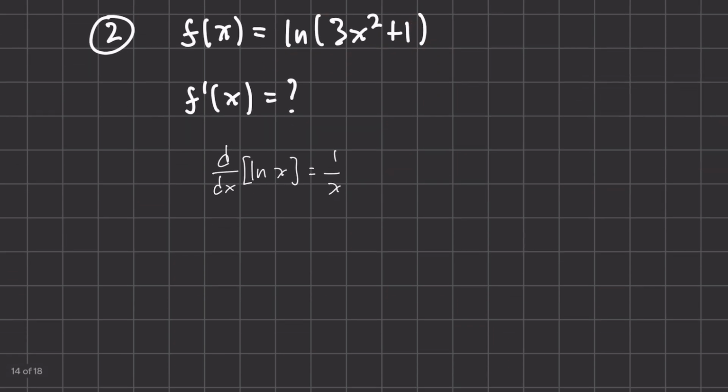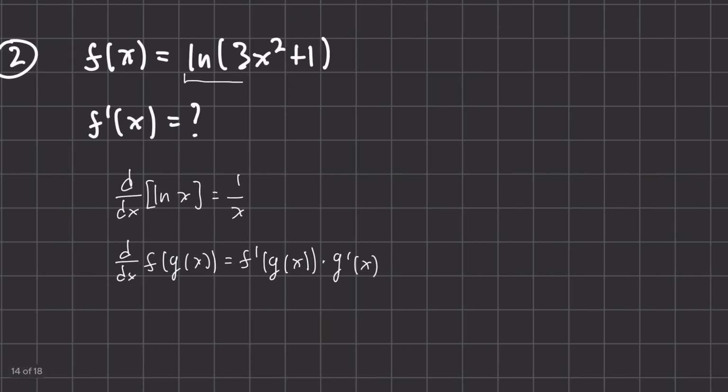And so we're going to apply the chain rule here. Now what does the chain rule state? It states that the derivative of this composite function, f of g of x, is equal to f prime of g of x times g prime of x. So the derivative of f of g of x is the derivative of f times the derivative of g.